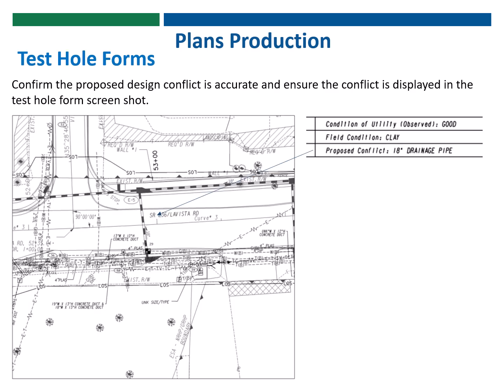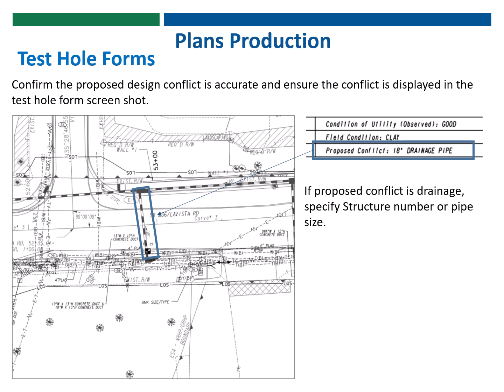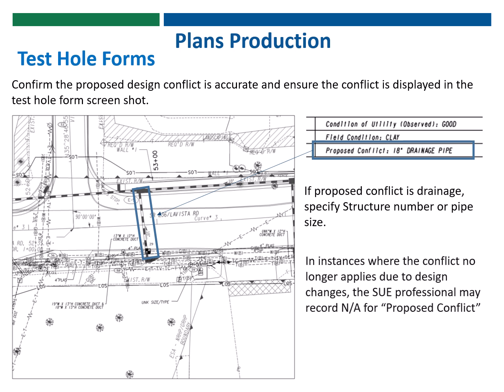So on your test hole forms, you will need to ensure that the proposed conflict is shown as previously mentioned. If the pipe size or structure number is available, you need to list the size or structure number on your test hole form. In instances where a conflict no longer applies due to design changes, the SUE professional may record non-applicable for proposed conflicts.